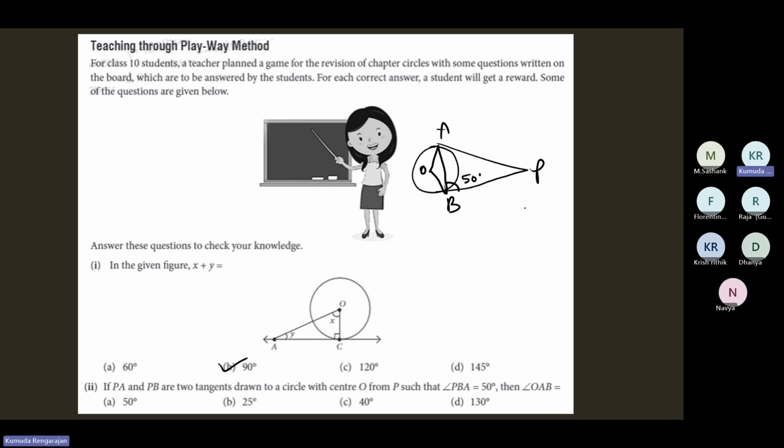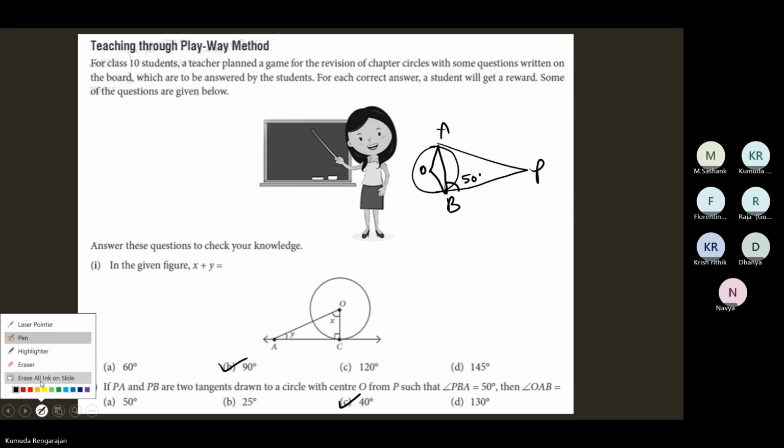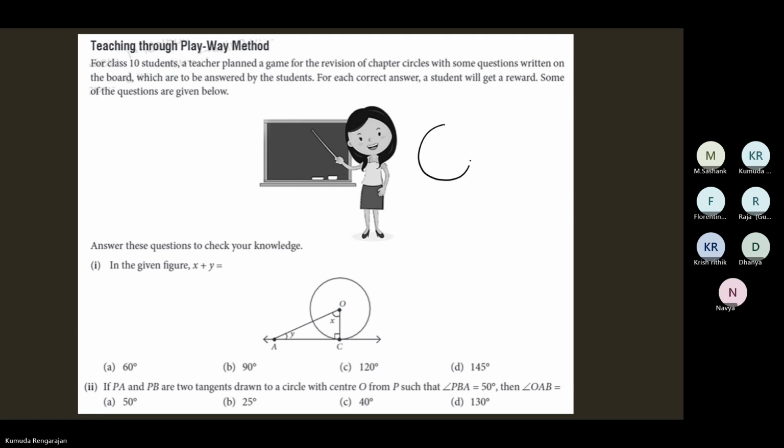So how much is OAB, children? 40. So you can just draw it like this always. So this is the chord.